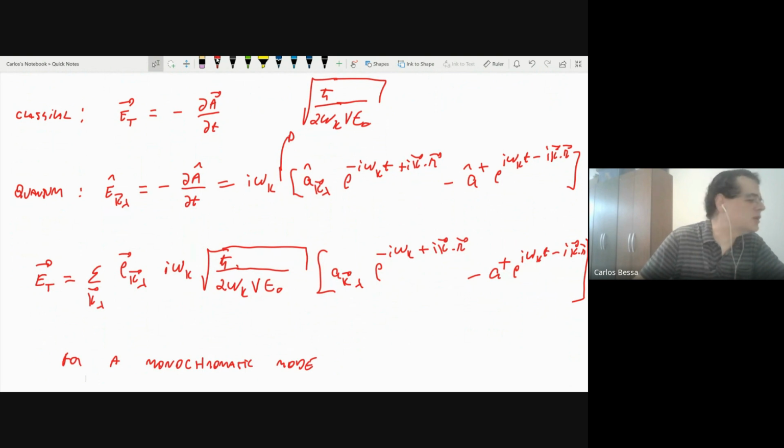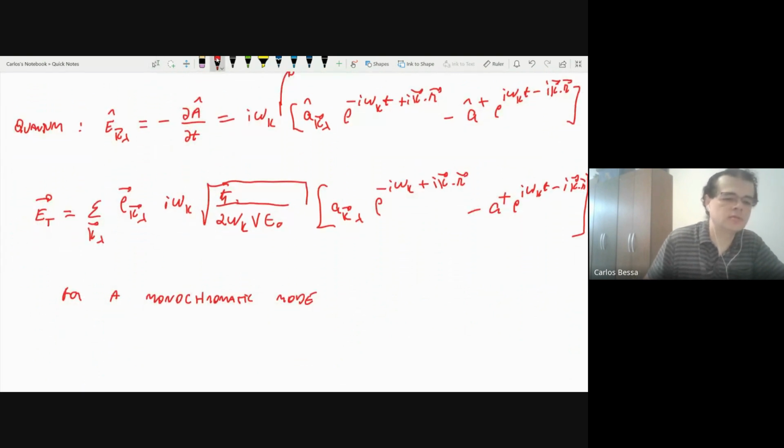And you can write E as the potential vector here. This E here, he called just the epsilon vector, and he called E0.